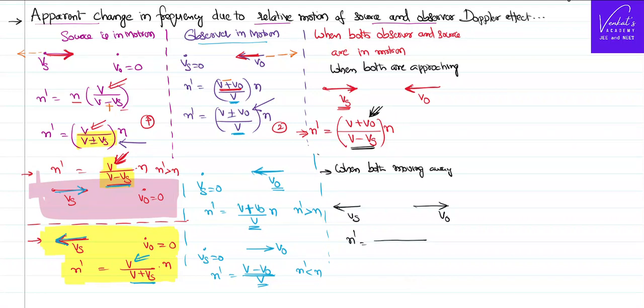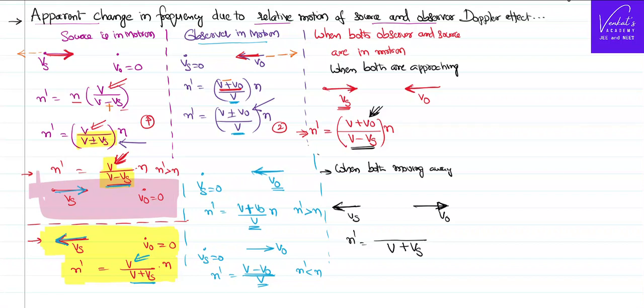Let's come to the denominator. As the source is going away, the apparent frequency has to be reduced. For the total apparent frequency to be reduced, the denominator has to be more so that the fraction value is less. So it has to be V plus Vs. Now the numerator.